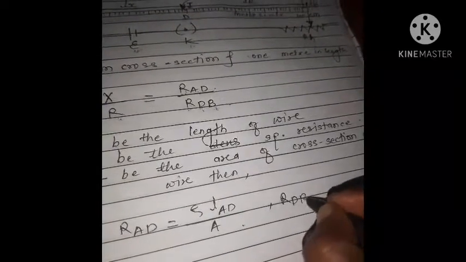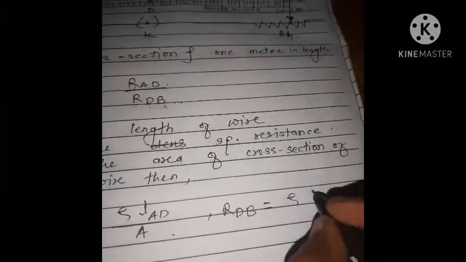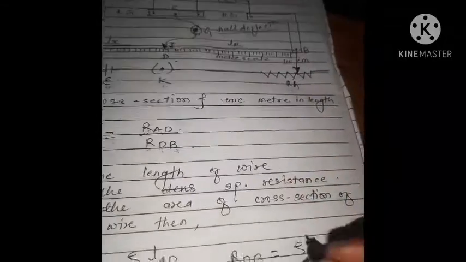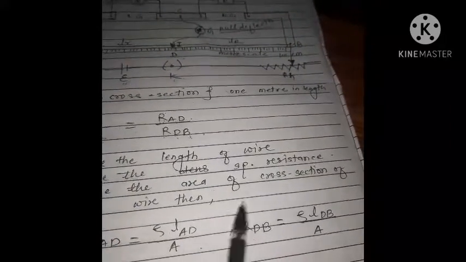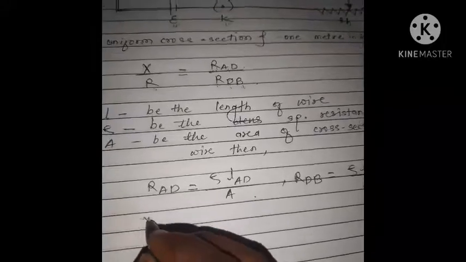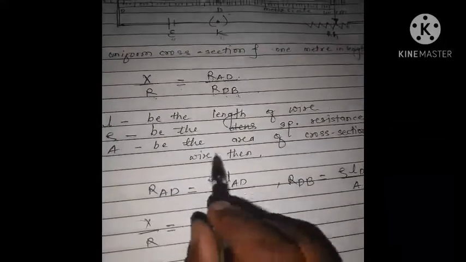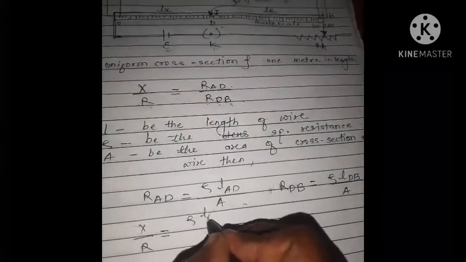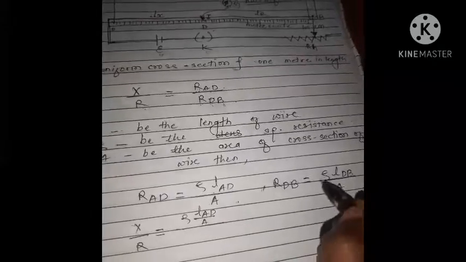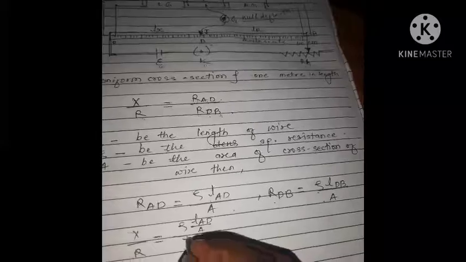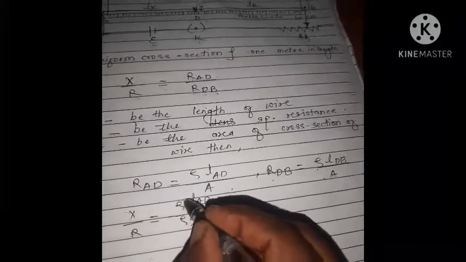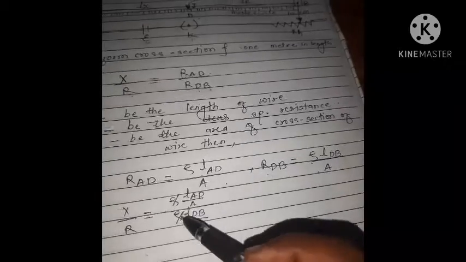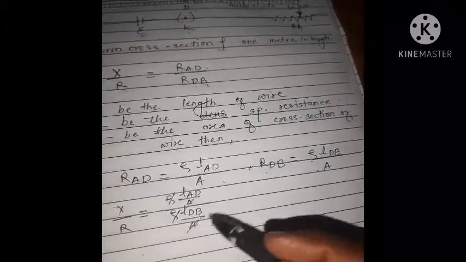Similarly, RDB is equal to rho and length of wire DB, suppose LDB, divided by A. Now putting these values in the above equation, we get X by R is equal to RAD, which is rho LAD divided by A, and RDB, which is rho LDB divided by A. Now the specific resistance of the wire is constant and the area of cross section is uniform.